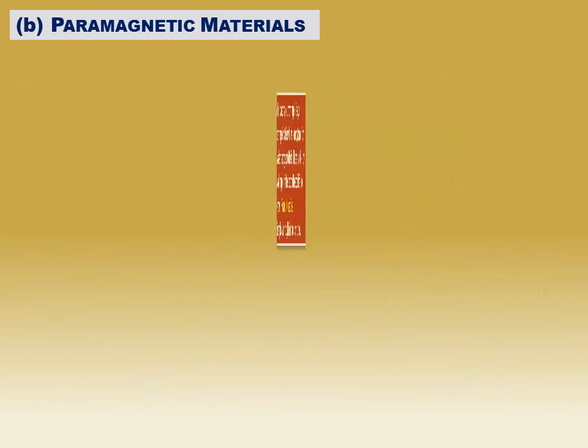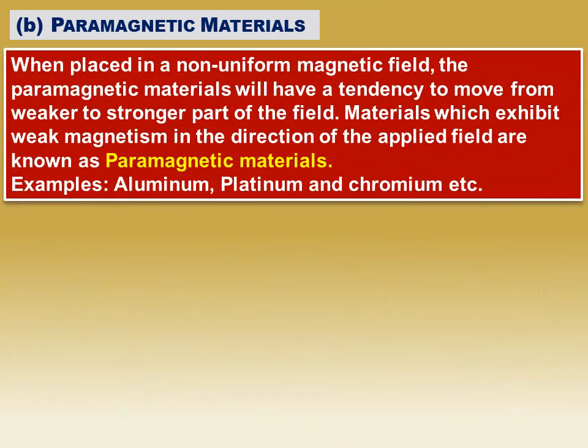Next one is paramagnetic materials. What are the paramagnetic materials? When placed in a non-uniform magnetic field, the paramagnetic materials will have a tendency to move from the weaker to the stronger part of the field.